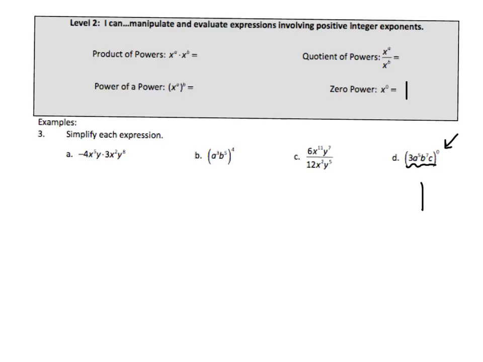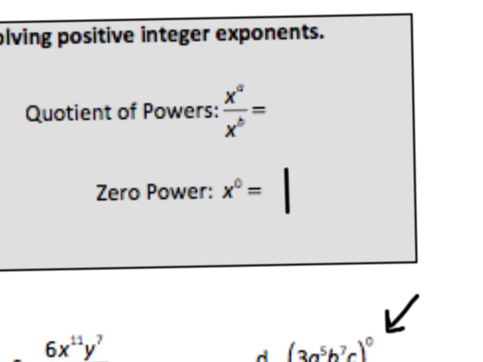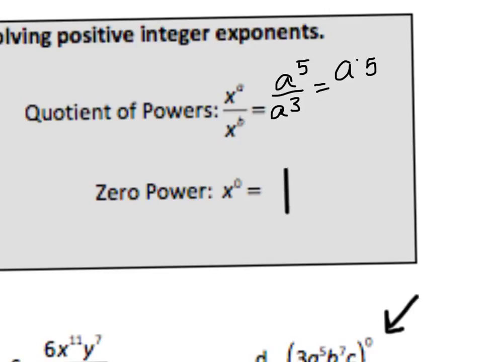Okay, now quotient of powers is where you subtract the exponents, and I'll show you why. Let's say we have an example of a to the 5th over a to the 3rd. We'll keep it small. a to the 5th means a times a times a times a times a, 5 a's, and then I have 3 a's on the bottom.